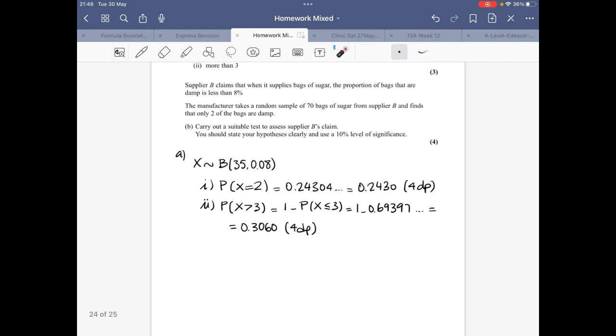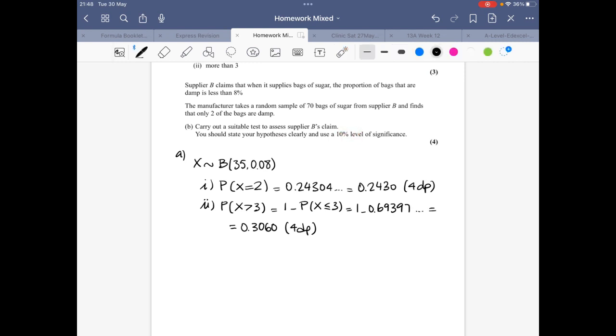Then supplier B claims that when it supplies bags of sugar, the proportion of bags that are damp is less than 8%. The manufacturer takes a random sample of 70 bags of sugar from supplier B, and only 2 of them are damp. Carry out a suitable test to assess supplier B's claim. You should state your hypothesis clearly, always, even if they don't say it, at a 10% significance level.